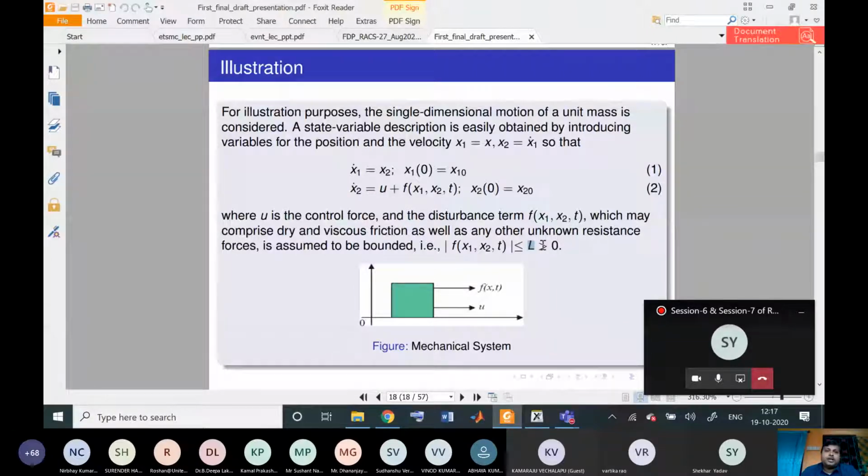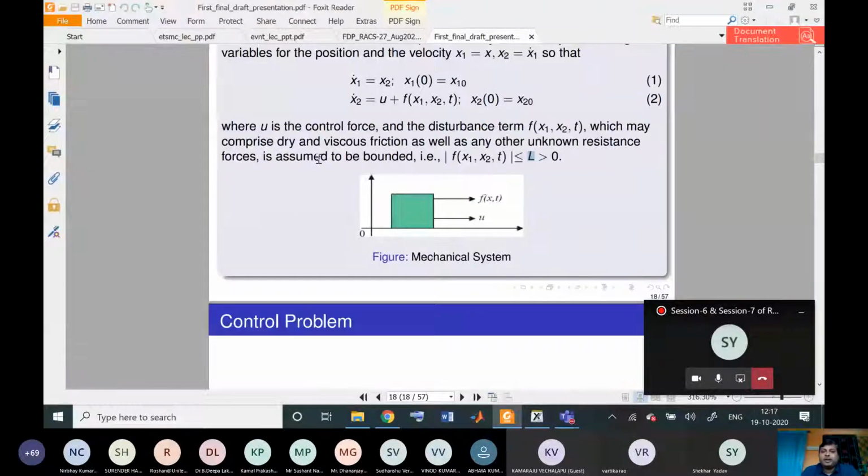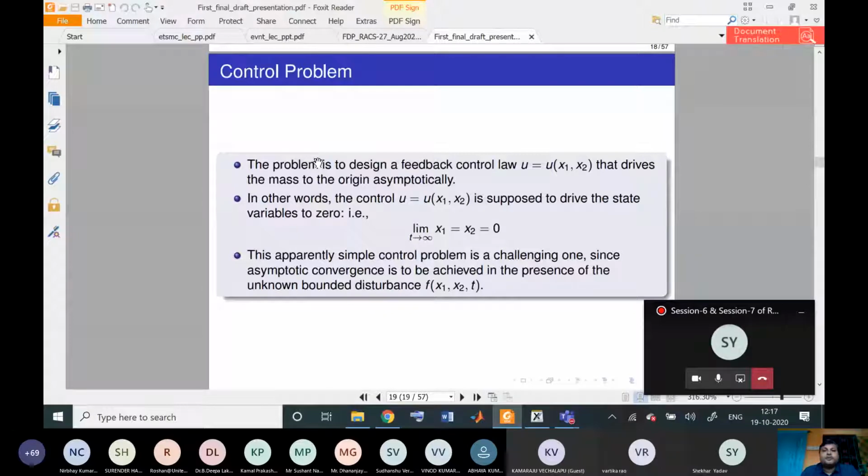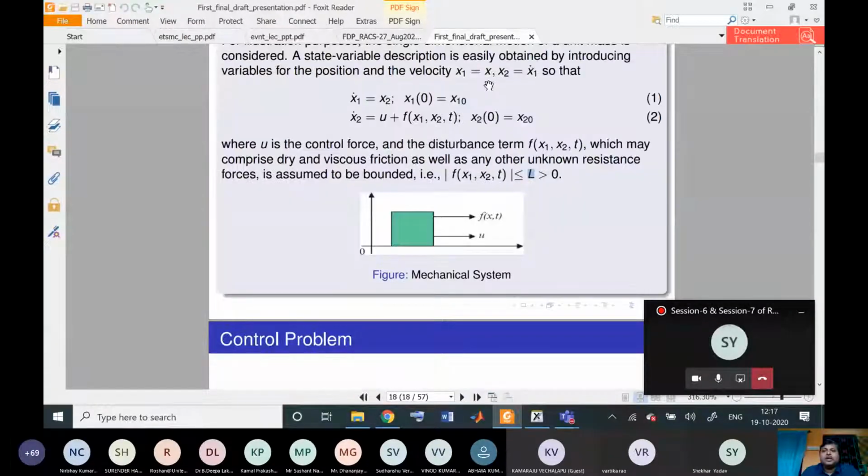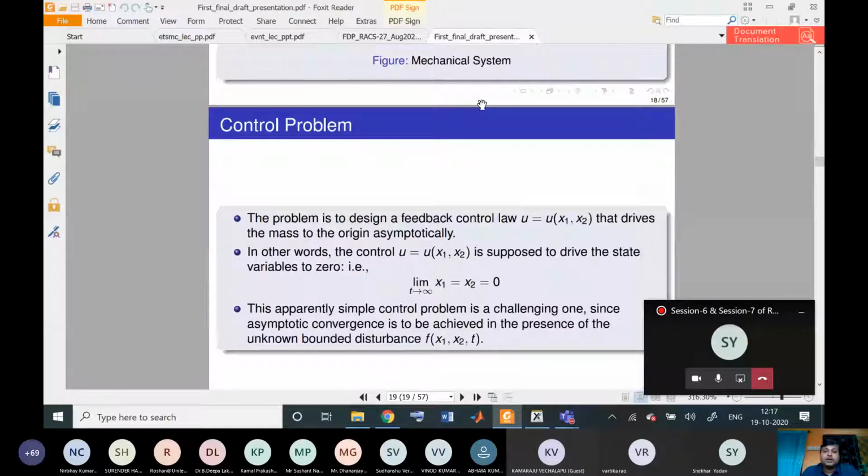Now this system is given to you, and what is the control problem that has been asked? The problem is to design a feedback control law U, which will be a function of the states x1 and x2, that drives the mass to the origin asymptotically. It means we want the position and the velocity to settle at the origin as time tends to infinity. So this is our control objective.